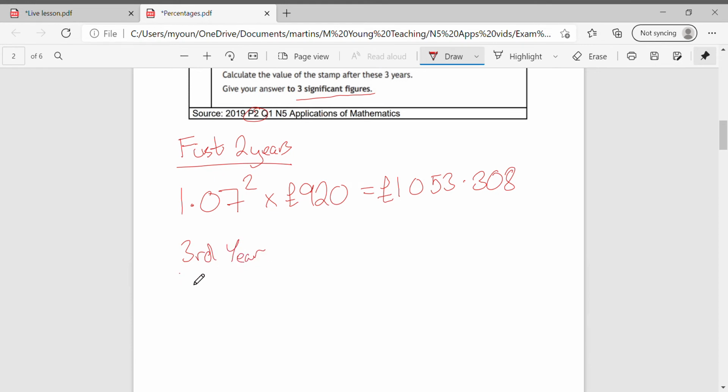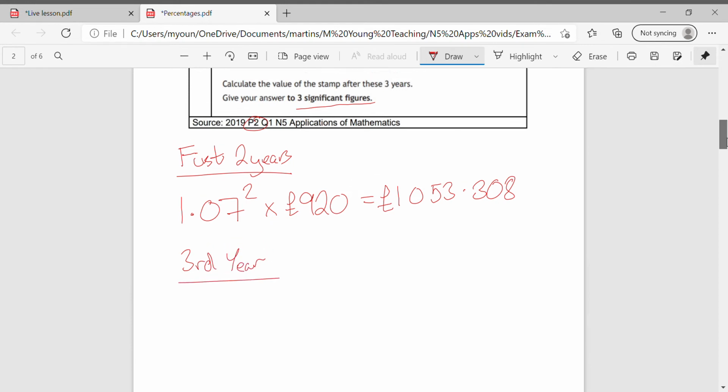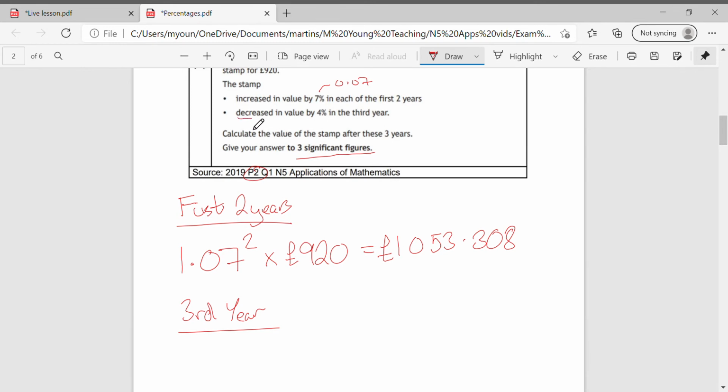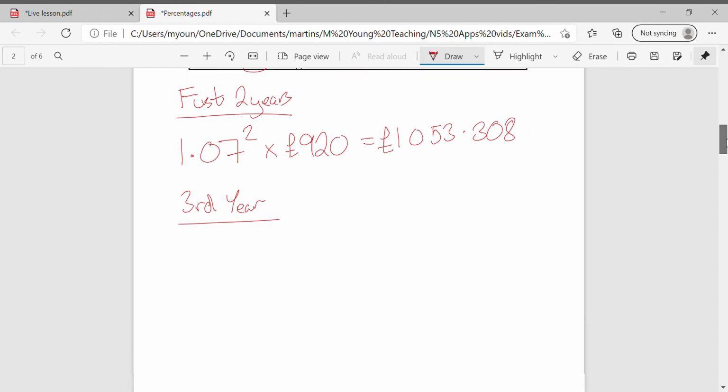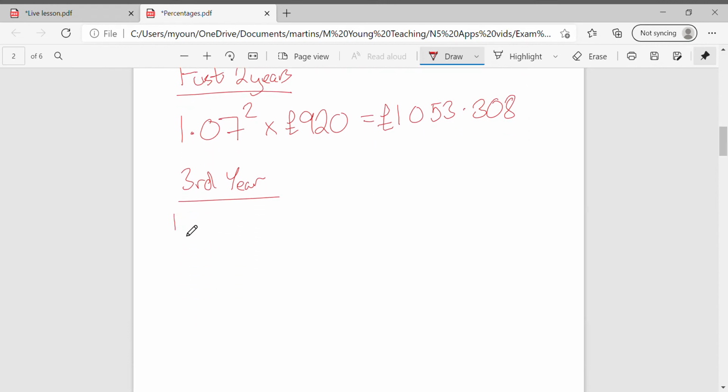we are told that it decreases by 4%. 4% is 0.04. Remember, you just divide by 100, and if it's decreasing, I'm going to do 1 take away 0.04, so that would be 0.96.